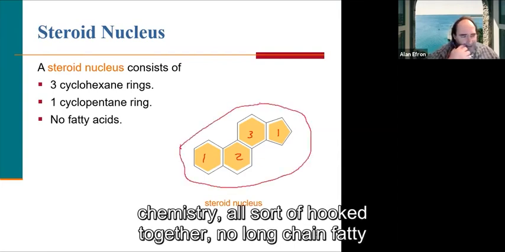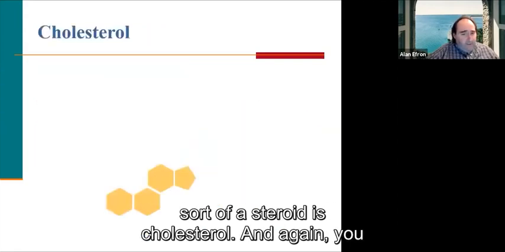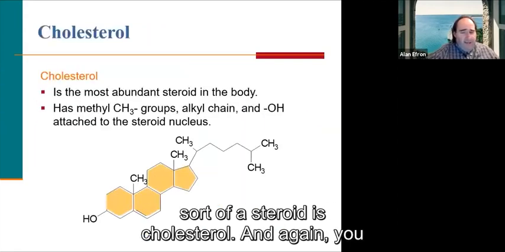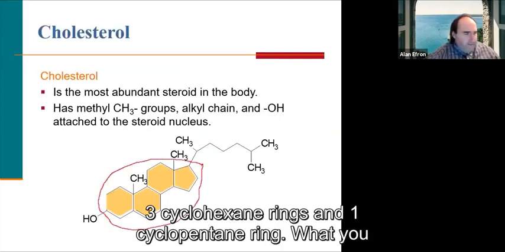No long chain fatty acids are attached here. An example of something that's a steroid is cholesterol. And again, you can see the steroid nucleus right here, made up of those 3 cyclohexane rings and 1 cyclopentane ring.